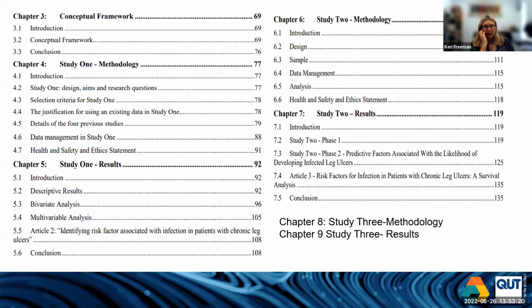Remember the conceptual framework based on previous ones, but adapted and improved. So study 1 and study 1 methodology results, study 2 methodology results, study 3 methodology results. You can see there's an article 3 and article 2. So yep, that's a thesis by publication.